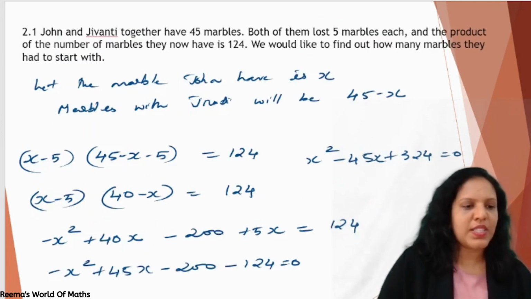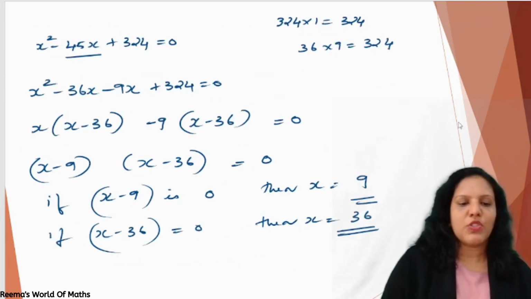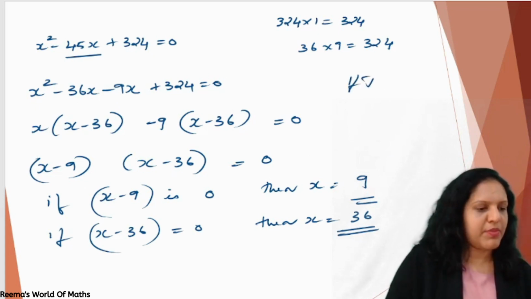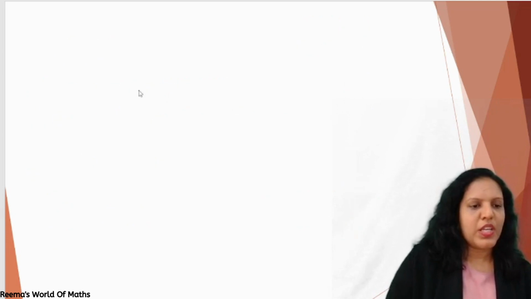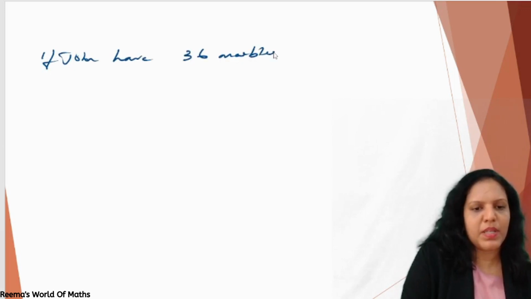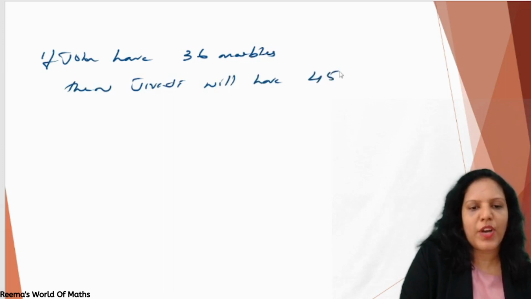So what was asked? The marbles John has. X is the marbles which John has. So if John has 36 marbles, then Jivanti will have 45 minus 36, which is 9.